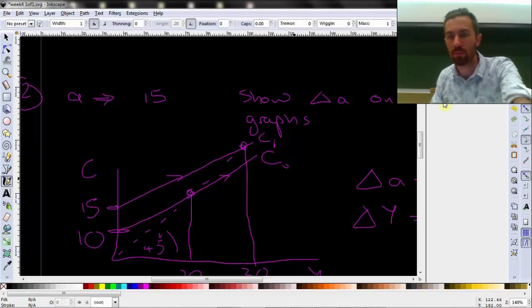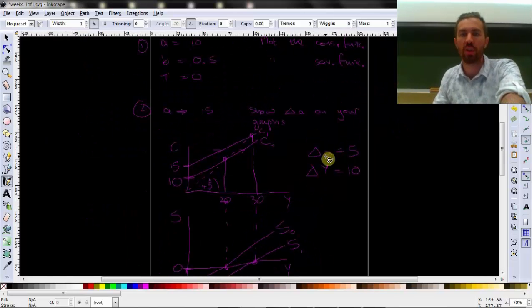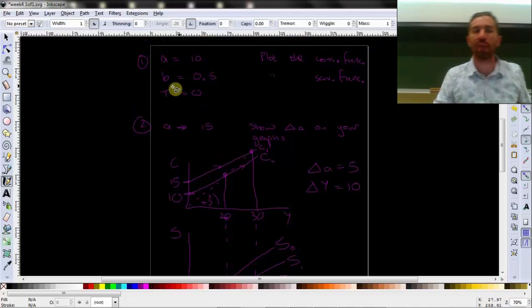Right, what happened? Our value of b was 0.5. We changed a by an amount of 5, and the change in y was 10. I said that the reason that y changes by more than the change in a is because of something called the multiplier.